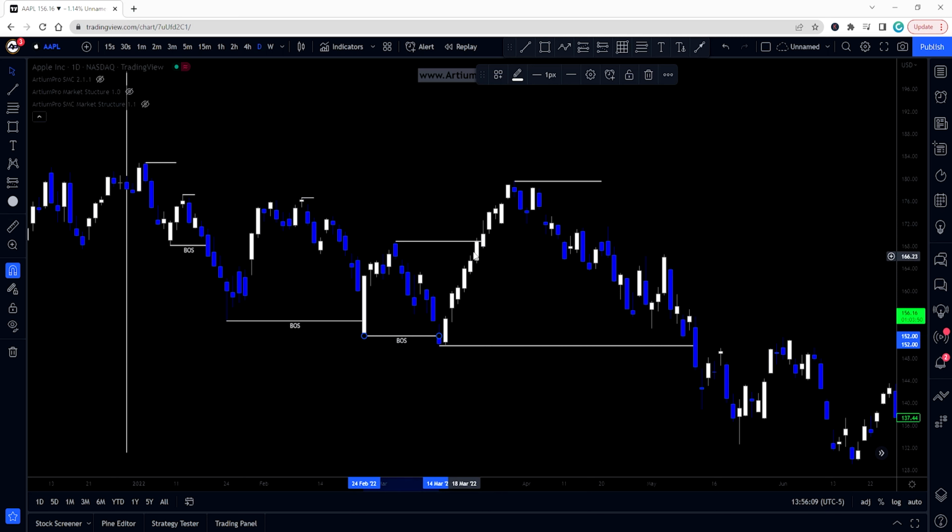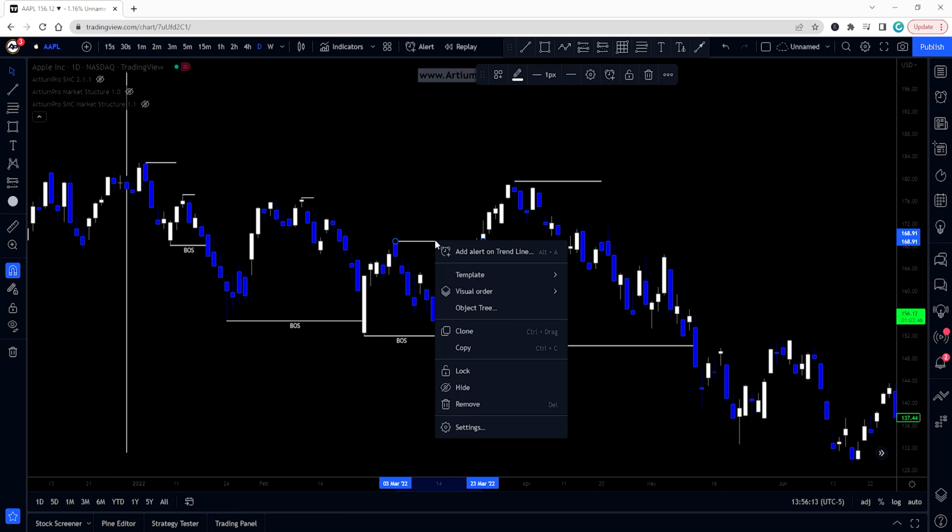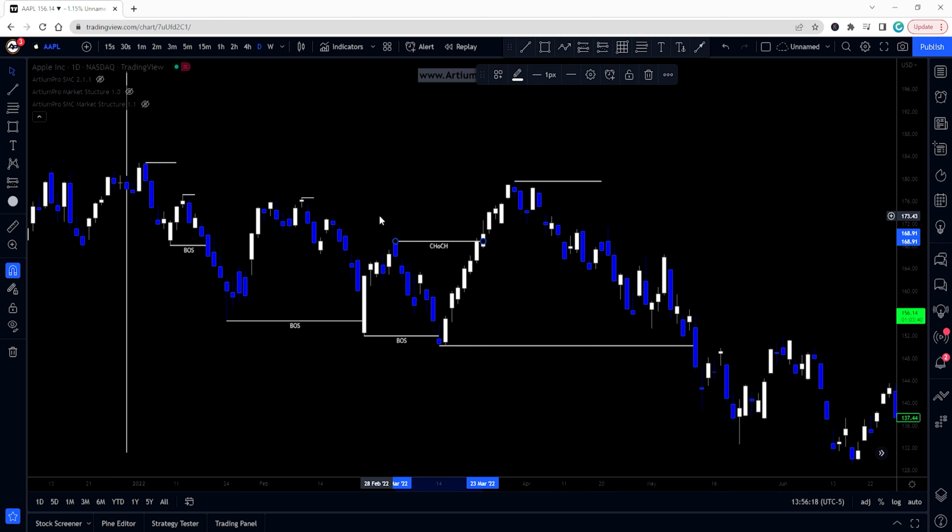So that determines that this is now a change of character, and it's actually a bull chock. It's a bullish change of character. This is the first sign of a possible, and I emphasize possible, change of direction.